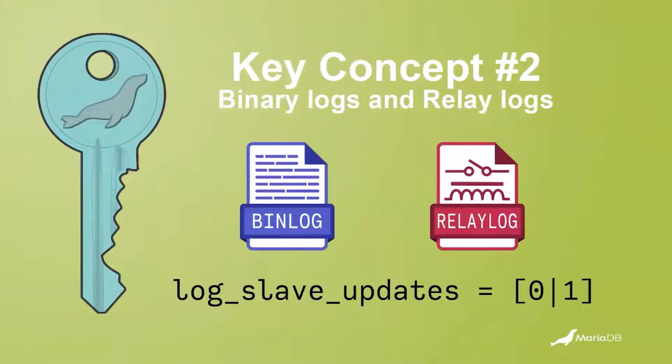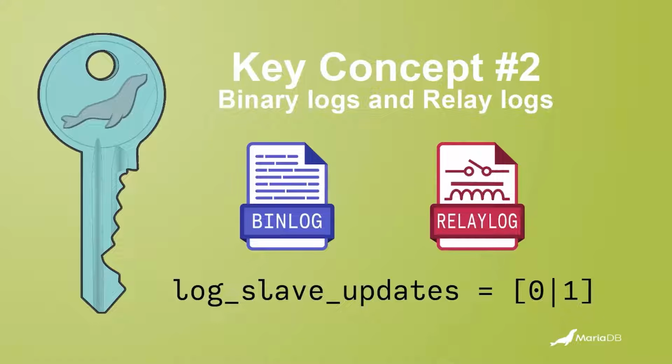Binary logs and relay logs. A binary log contains a record of all changes to the database, such as create, alter, insert, update, and delete. If a change is logged in the binary logs of a primary, it will be applied to the replica. A relay log is a log with the same structure as a binary log. However, its contents are applied to the replica only.